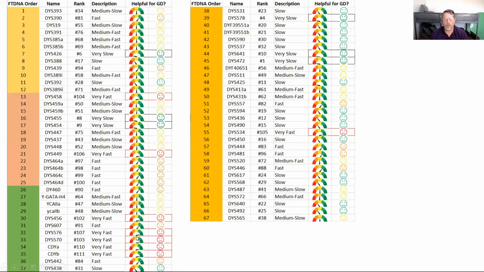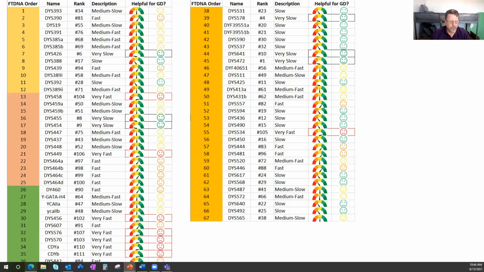All right, so this is something I don't have time to get into, but it is in my first video, maybe my second video, that basically says that Family Tree DNA considers those 111 markers in genetic distance. They consider every marker equally. But I know that that's not true. Here are the markers for the first 67, right?